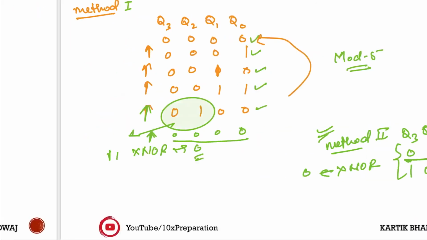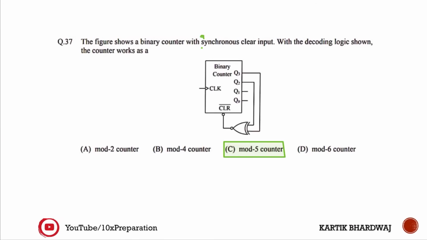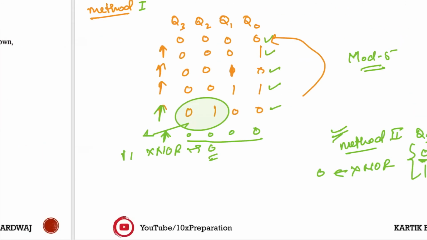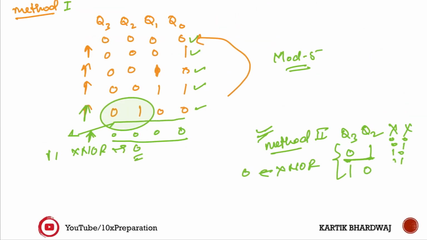But if an asynchronous circuit is there, then immediately whenever it reaches this state, it immediately goes to the 0 0 0 0 state. This is a temporary state.